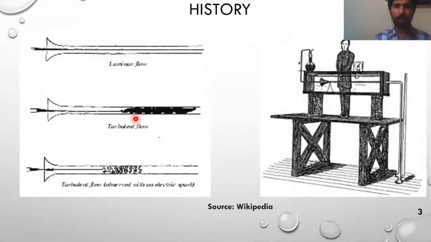This is known as diffusive nature. Diffusion means spreading out. The fluid layers which were at the top were coming to the bottom, and those at the bottom were going to the top. This is known as diffusive nature, and this is the number one symptom of a turbulent flow.